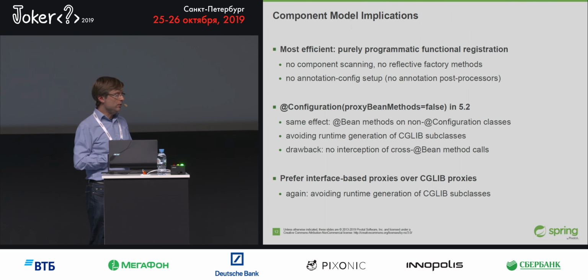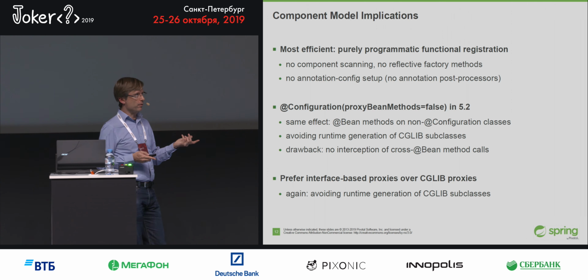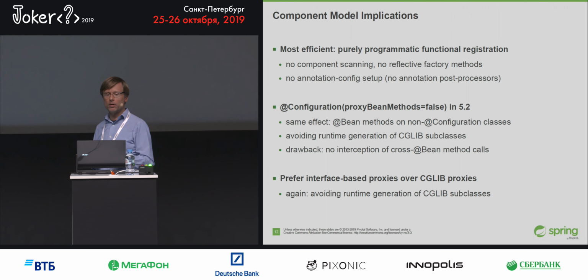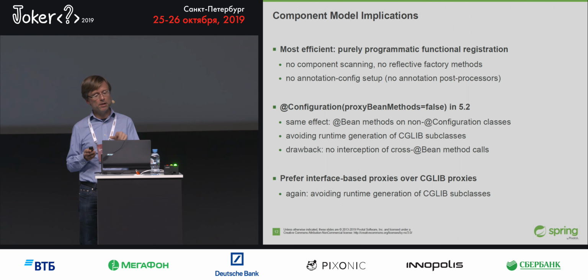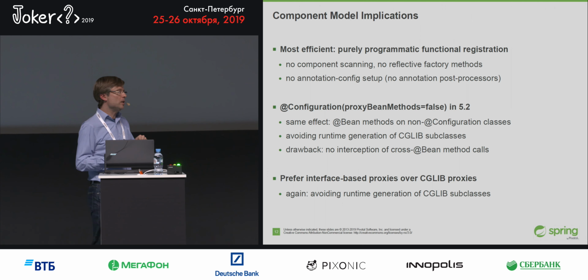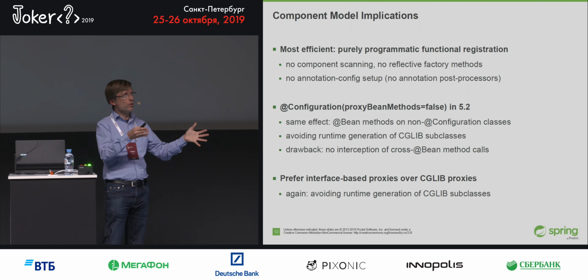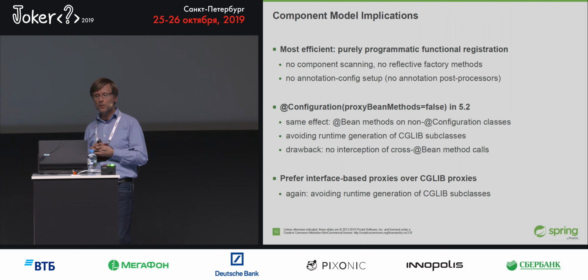If that is the case, you may opt out of this proxying of bean methods through a new flag on the configuration annotation type, proxyBeanMethods false. We don't expect application classes to do this all the time, although you may, if you know that your configuration classes can benefit from this.